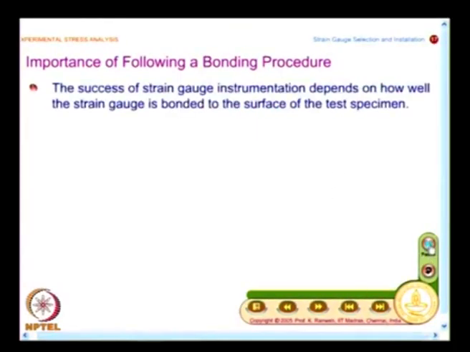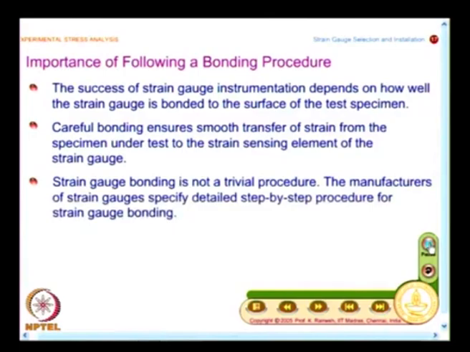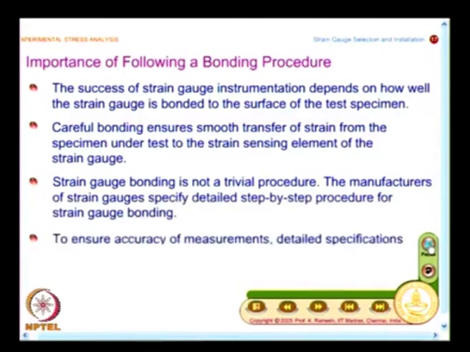Now, we have selected the strain gauge for our given application. The next important step is to bond the strain gauge to the specimen concerned, and this is a very important step. The step requires detailed preparation of the surface, bonding, alignment, soldering, etc. One needs to learn the steps carefully and also follow the steps that we discuss.